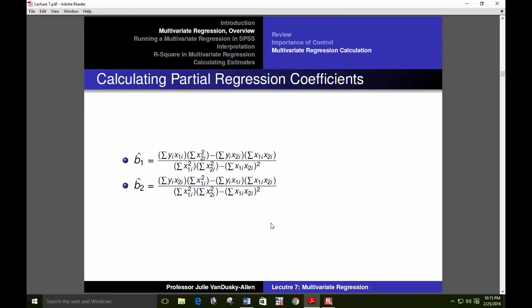So in calculating B hat for the first independent variable x1, you take into account variations in the first independent variable x1 and the second independent variable x2. This is similar for B hat for the second independent variable.